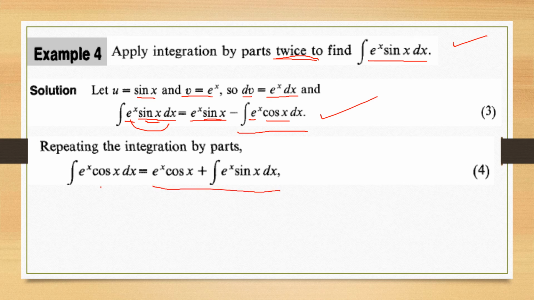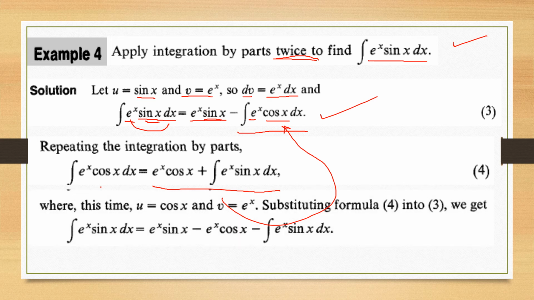We will replace this value instead of this. Next we will see that the right hand side will contain the integral of e power x sin x with negative sign, while the left hand side is already the same.